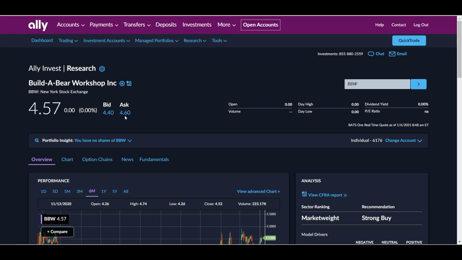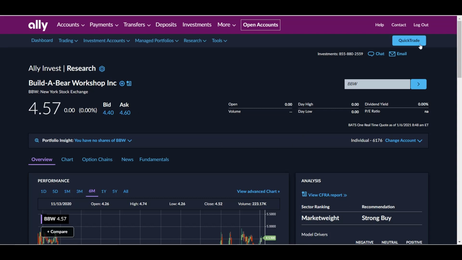If you wanted to sell this stock and you see that it is currently at 457, they're going to sell it for 440. Keep in mind that bid is to sell and ask is to buy. So you must have however many shares you want, price-wise times this number, to own it in your account to buy it. Just keep that in mind.